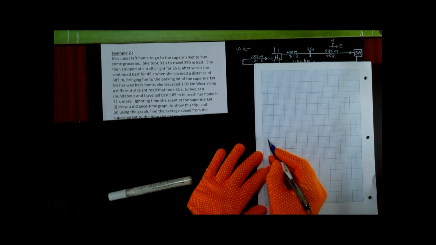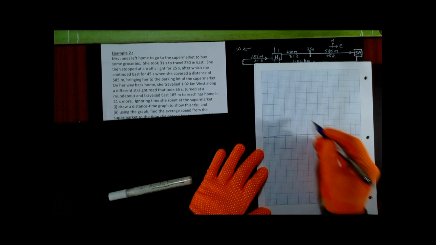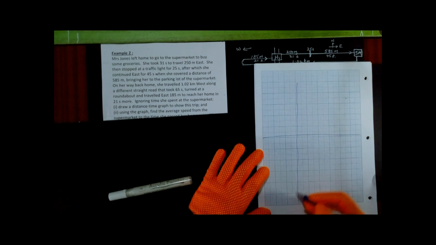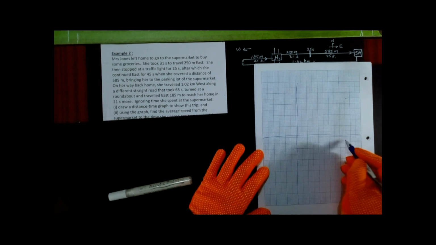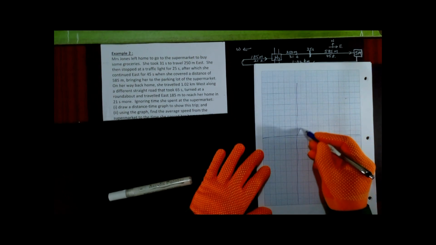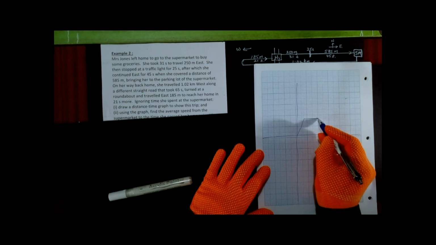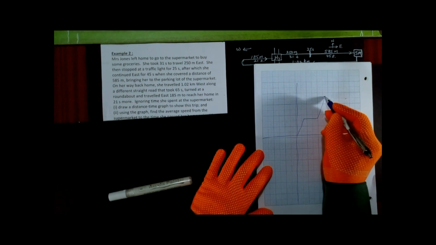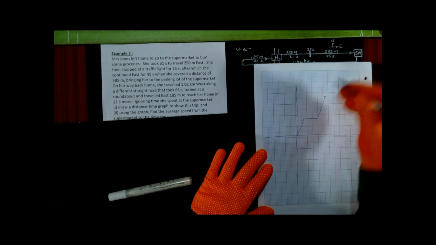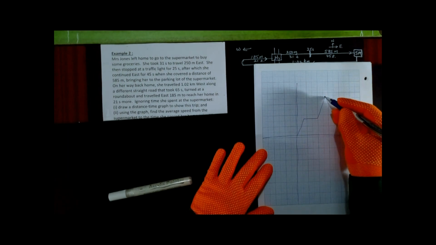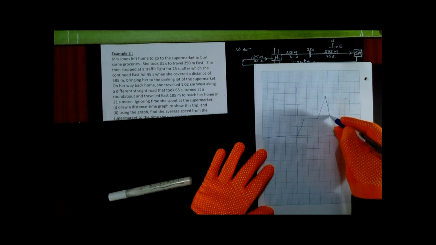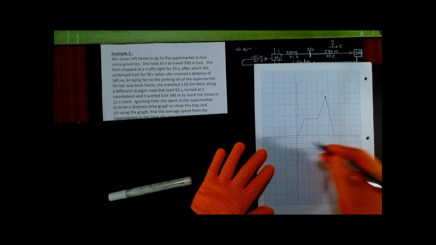So let us just make a little sketch. All right, this is time. This is distance. So she traveled that way, that way, that way. She reached the supermarket. That's going away from home, east. Coming west, she traveled this way, but then she passed her home.